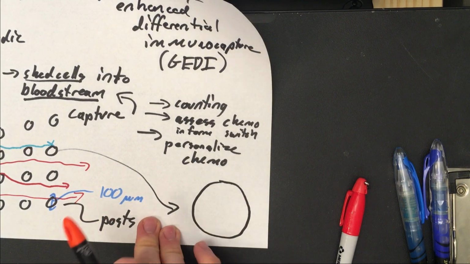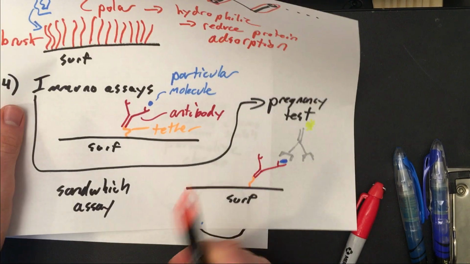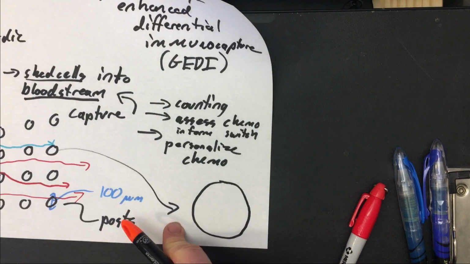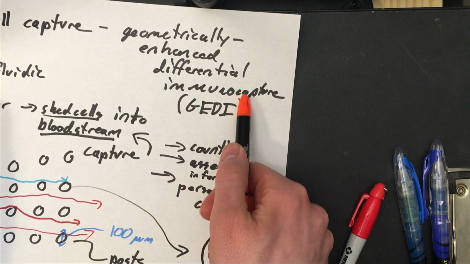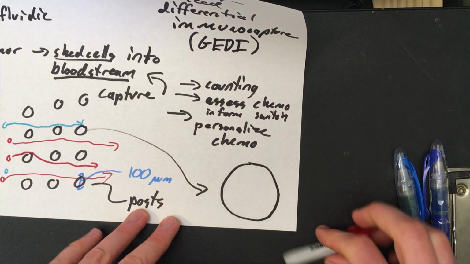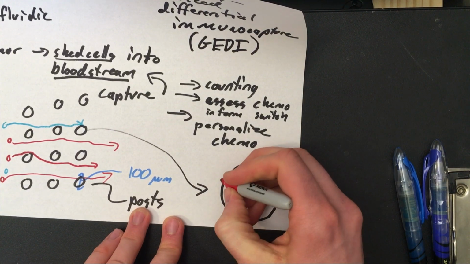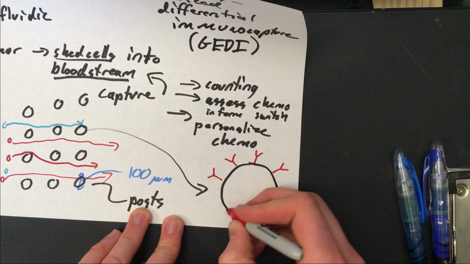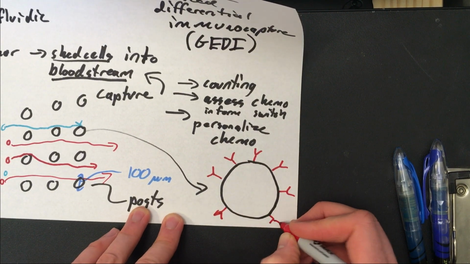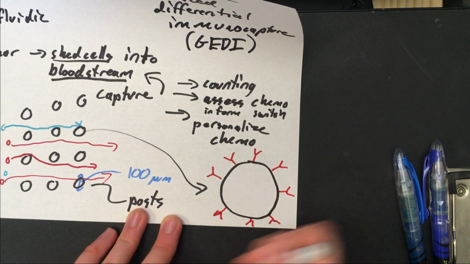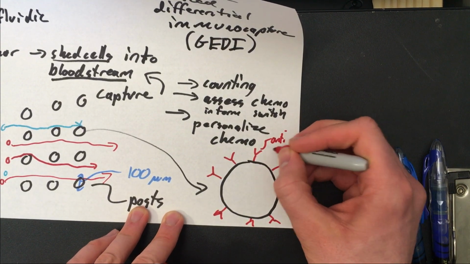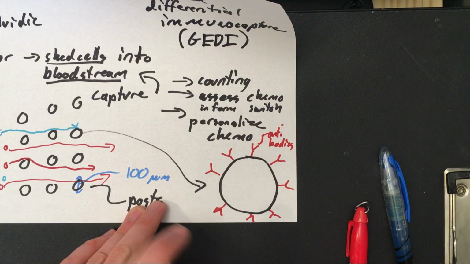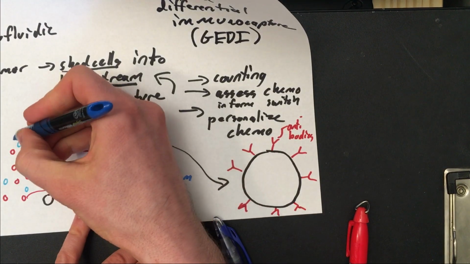In the same way that we tethered antibodies to look for specific molecules in an immunoassay, if we're looking at using immunocapture to capture cancer cells, we could decorate our posts with antibodies, and make these antibodies very sticky to cancer cells.